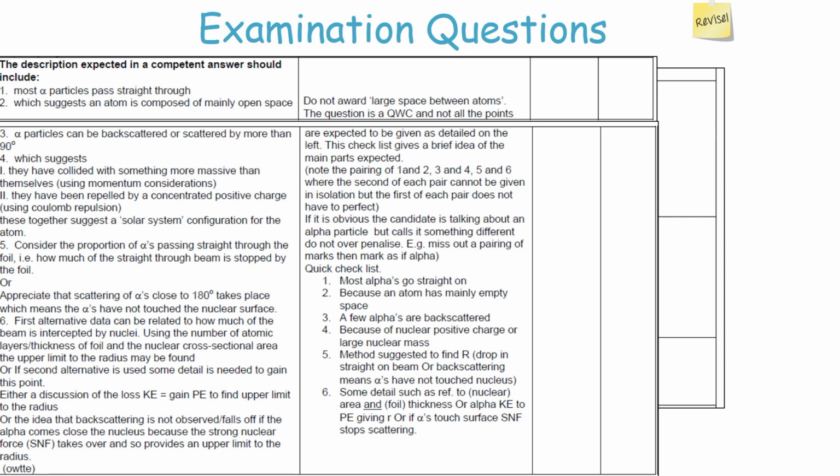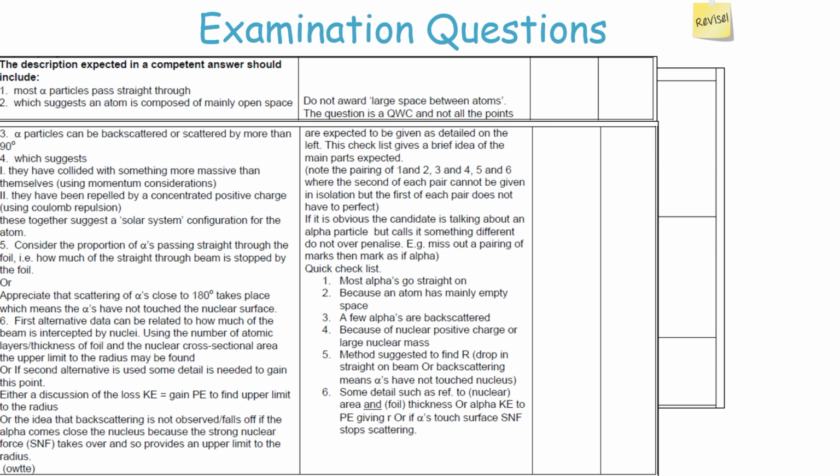So they don't hit the nucleus, which is why our value for the radius is an upper limit, because we're not measuring the size of the nuclear radius, rather we're measuring the distance of closest approach, how close the positive alpha particle can get before it is repelled by that positively charged nucleus.